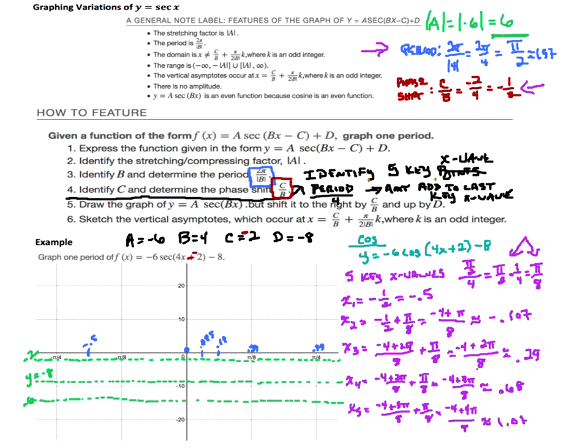Okay, so pi over 8 is 0.39, so this is negative 0.39. And I'm needing negative 0.107. That's about right here. Negative 0.107.